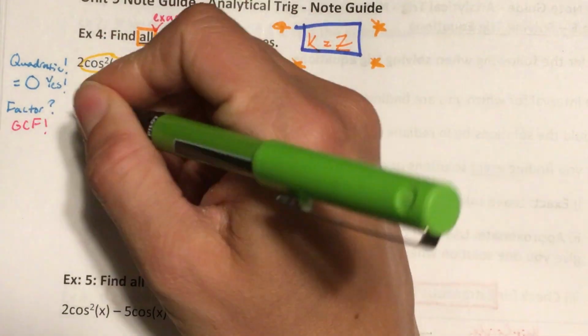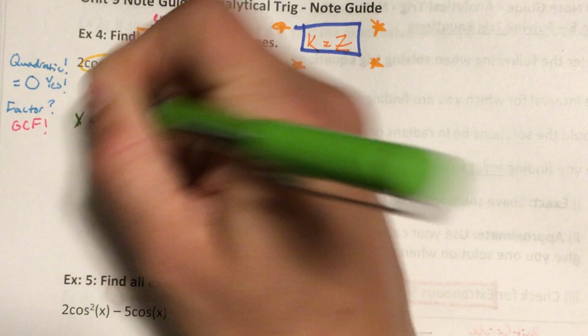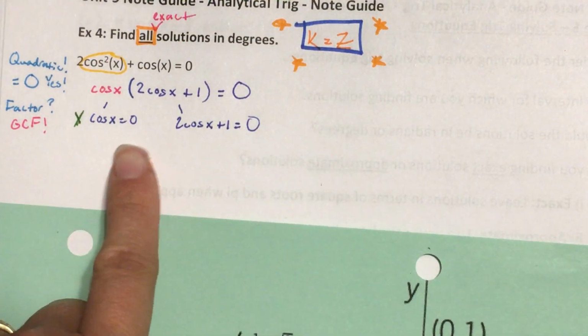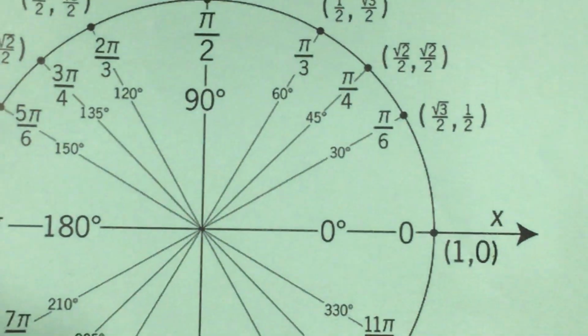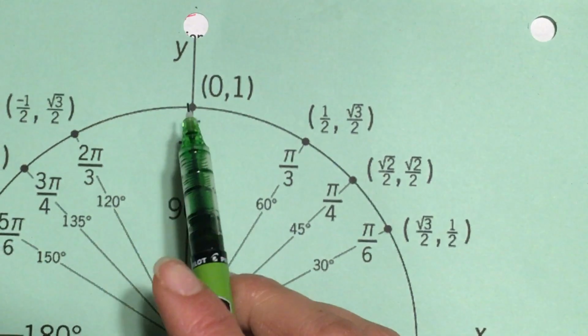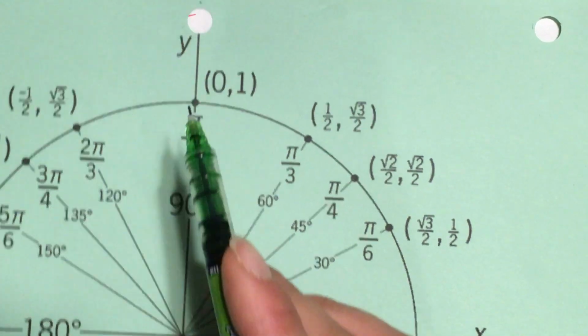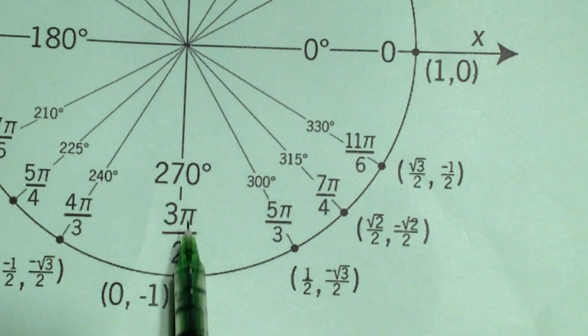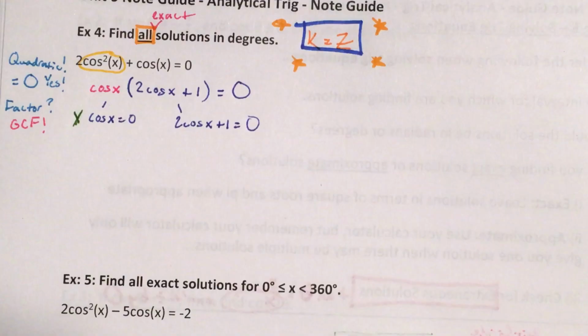So if we are looking for cosine equals 0, we are looking for x values of the angle that equals 0. If I look at my unit circle, and this is why I didn't want to zoom in too much, I have an x value equals 0 here at 90 degrees and here at 270 degrees. So those are going to be 2 of my solutions.